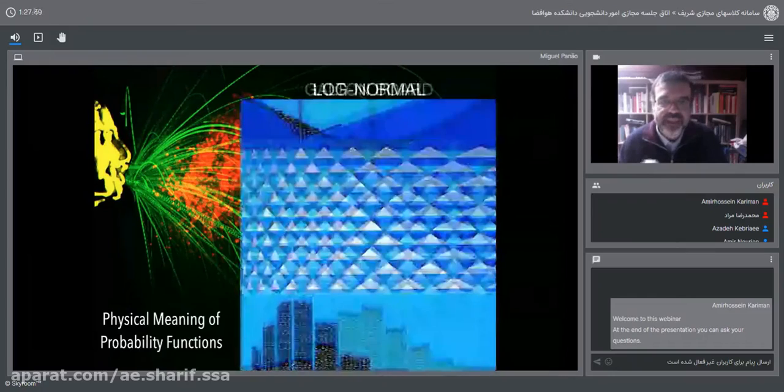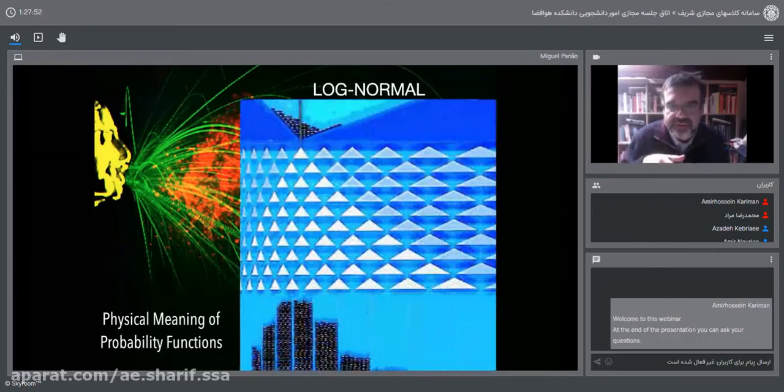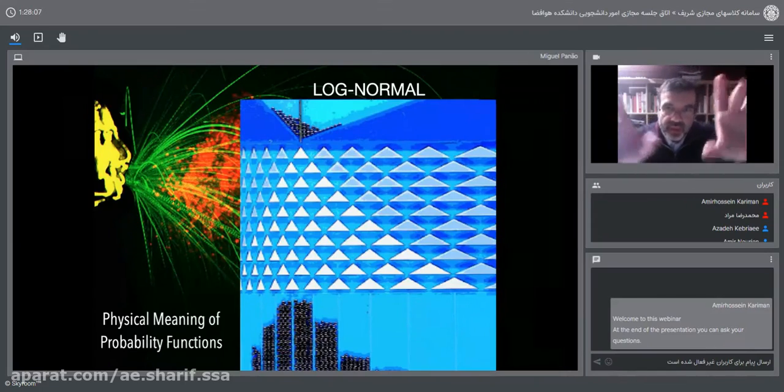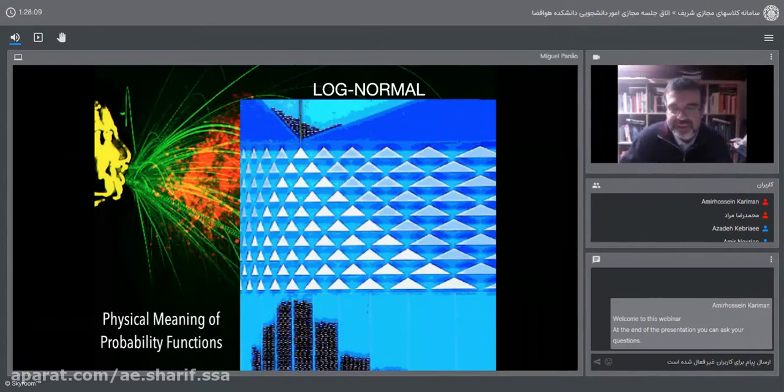Which means that if the sphere goes to the left, it will move a distance which is divided by a certain constant. And if it goes to the right, it moves a distance that is multiplied by a constant. And the result of this very, very simple experiment is exactly a log normal distribution. So the log normal distribution is associated with multiplicative effects.